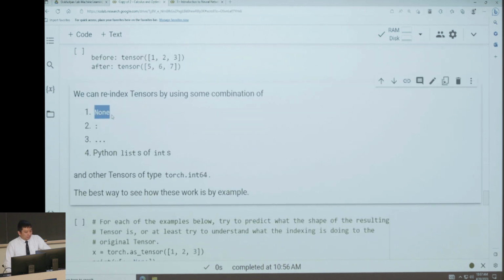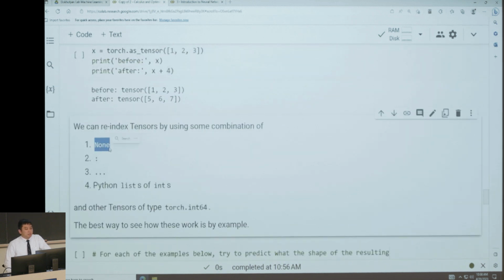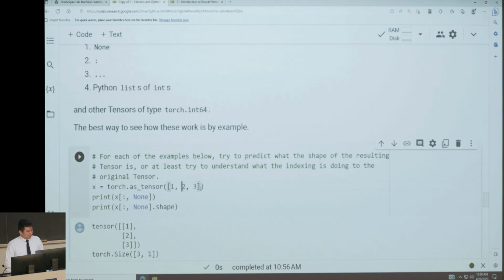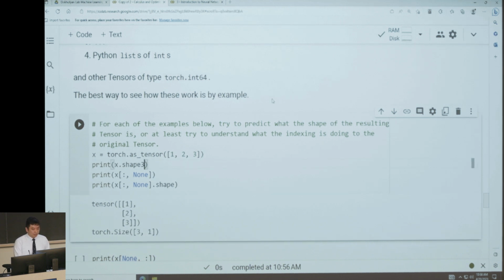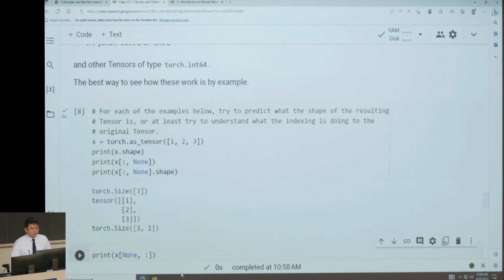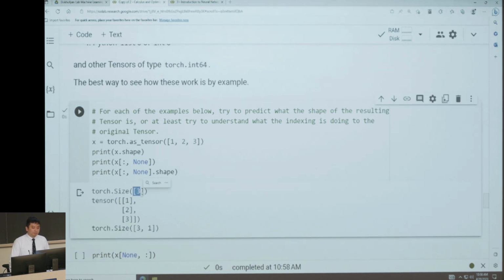There's also this none keyword. I think we used it earlier. And this adds a dimension with length 1, wherever you put it. So here are some examples. We have this array, and it has one non-empty dimension with size 3. So print x.shape. You can see that the size is 3.